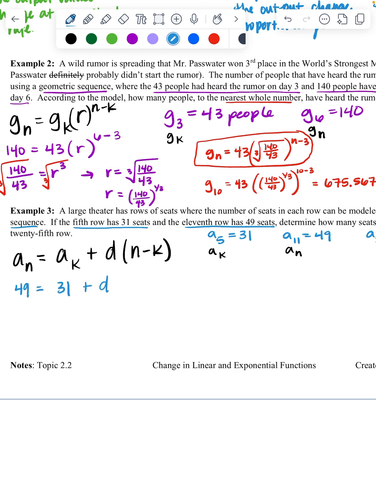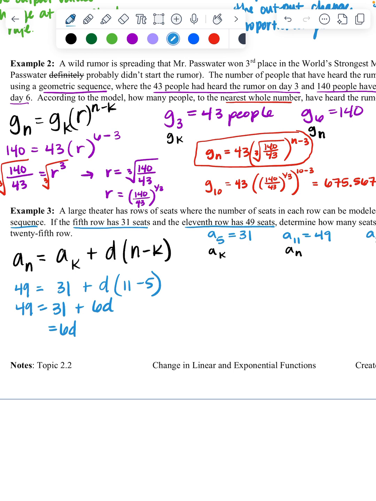We do not know our common difference. N is 11. K is 5. So if we start solving, 11 minus 5 is 6, so 6 times d. Subtract 31 on both sides, and then solve for d.